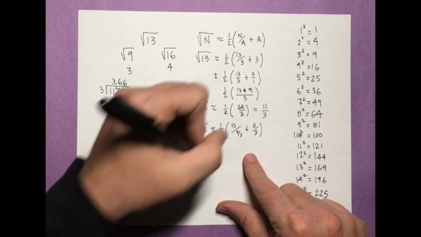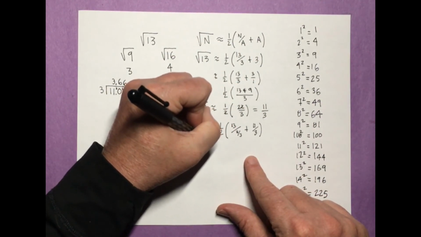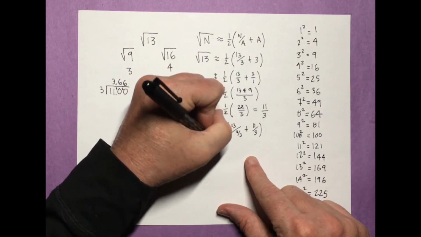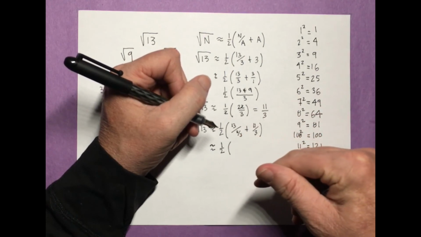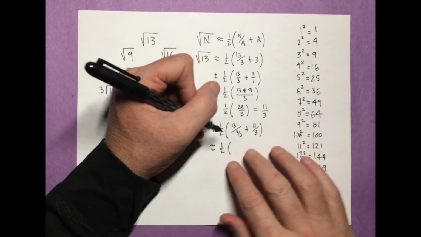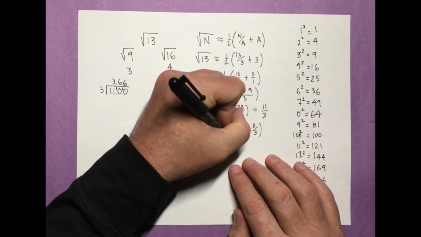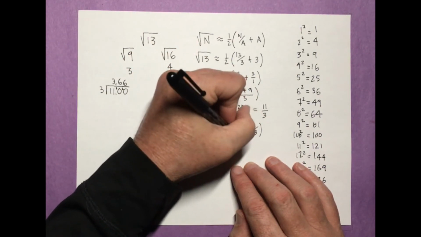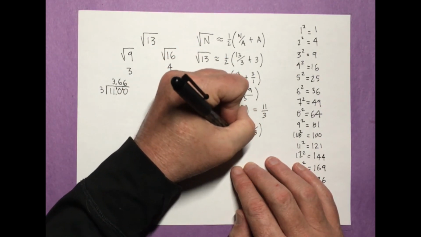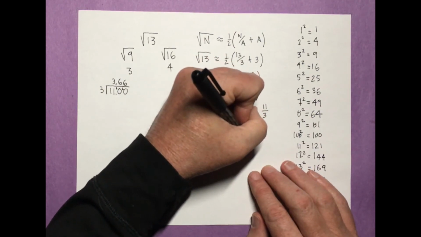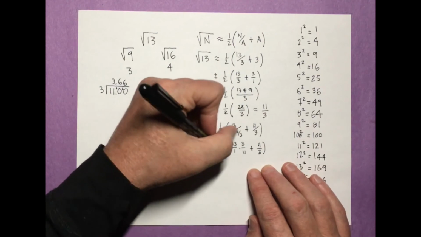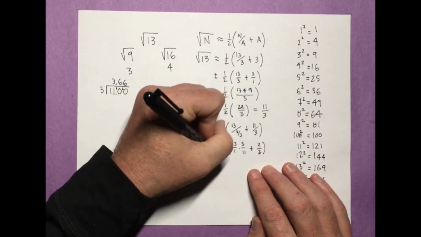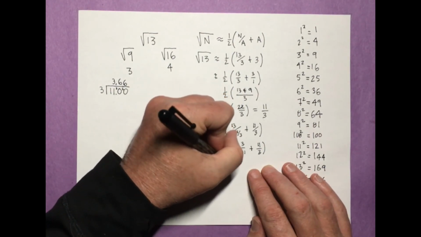So now we just have to do that arithmetic. That's 1/2 times, well, we have 13 divided by a fraction. So when we have a fraction, we have to invert and multiply. So this becomes 13 over 1 times 3 over 11 plus 11/3.